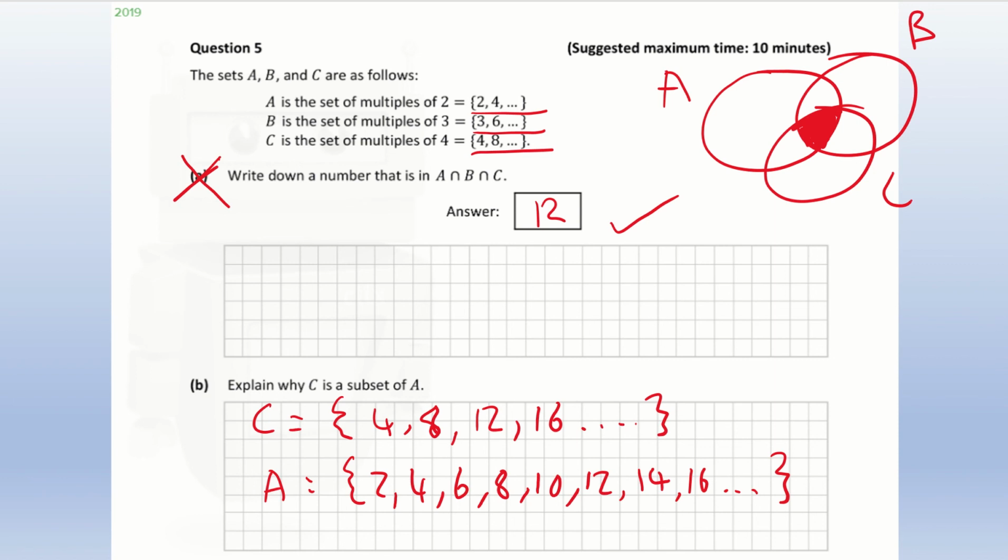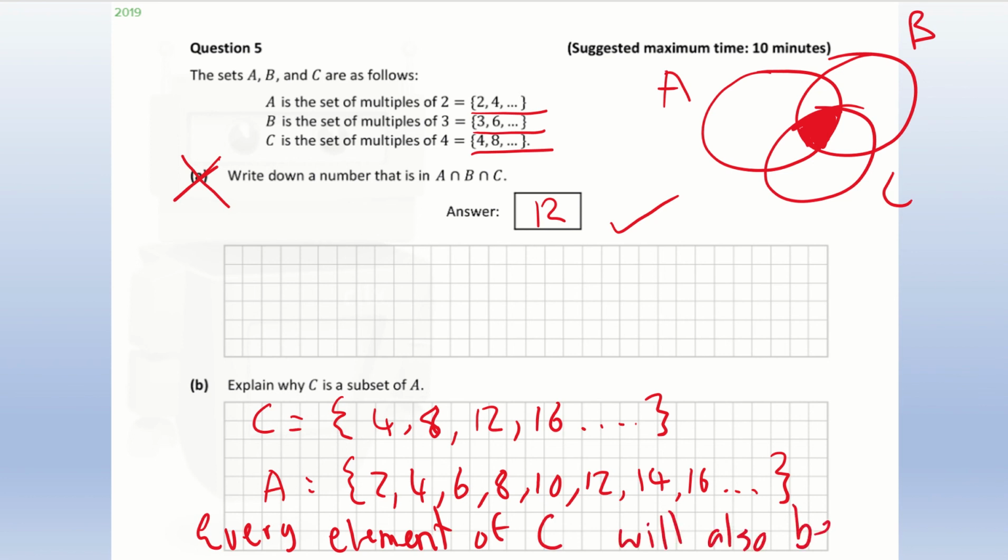Okay, you'll notice that C is all your multiples of 4, A is all your multiples of 2. What is the best way of saying every element of C will also be in A?